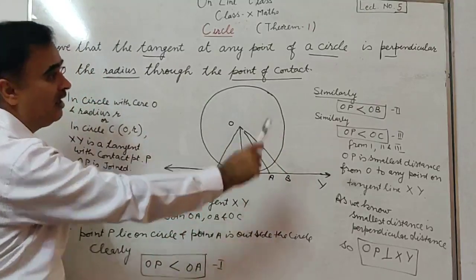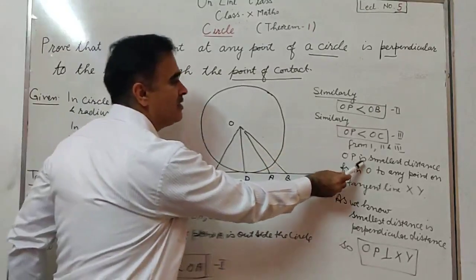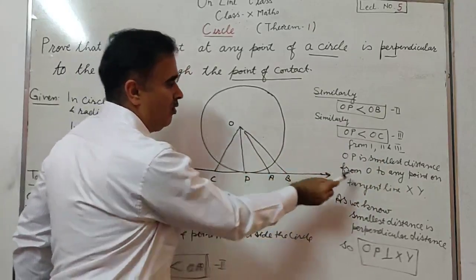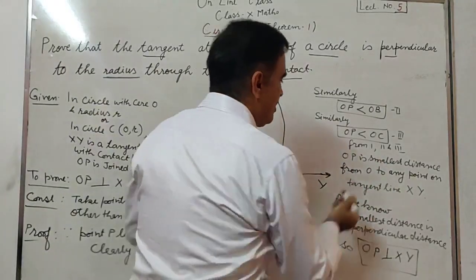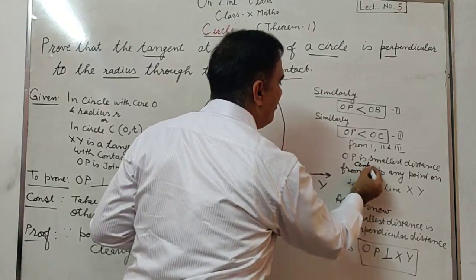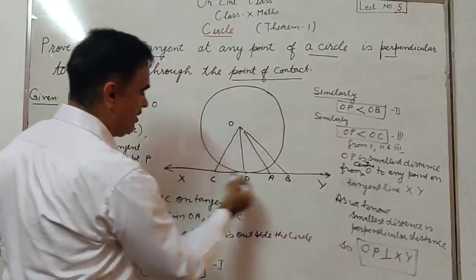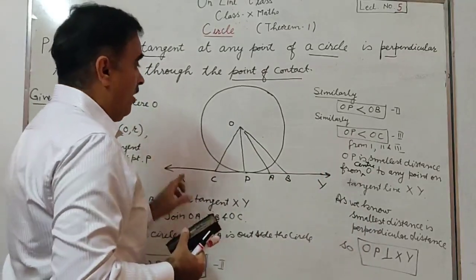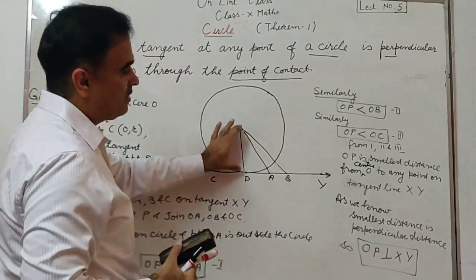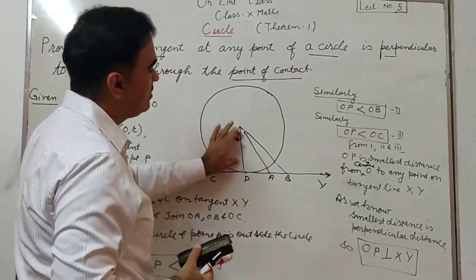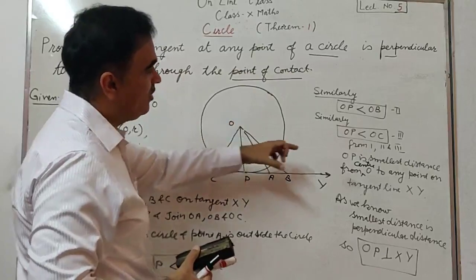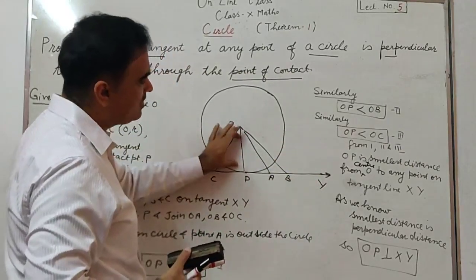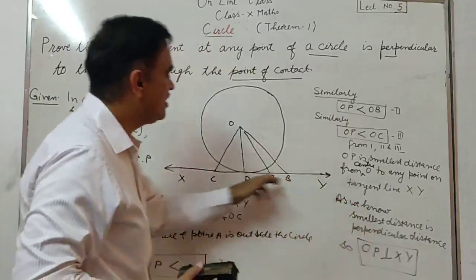So from the first, second and third, what we got is OP is the smallest distance from center O to any point on the tangent line XY. As we know, the smallest distance is the perpendicular distance, and OP is the smallest distance from O to this line. So OP is perpendicular to this tangent line.